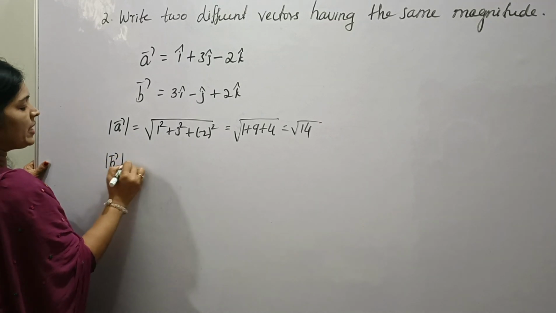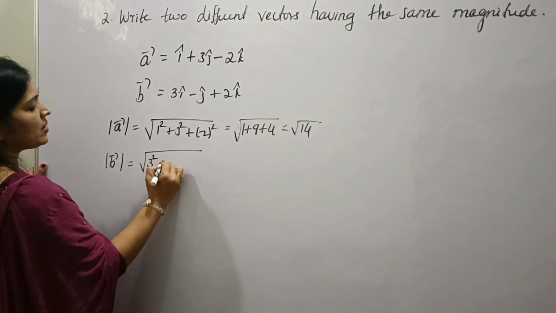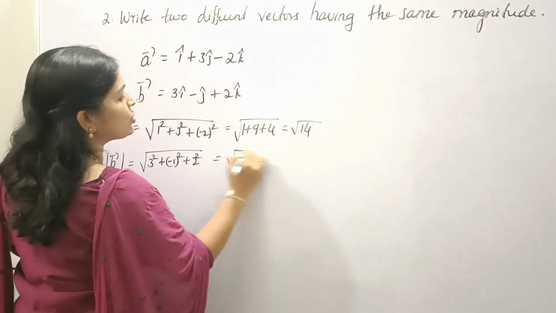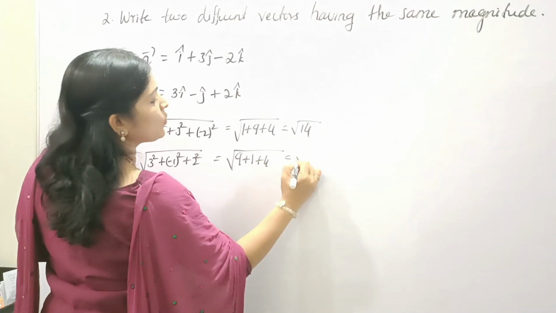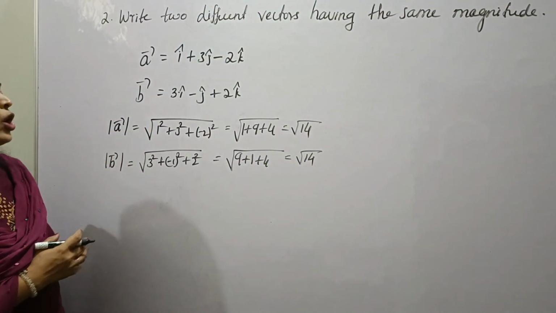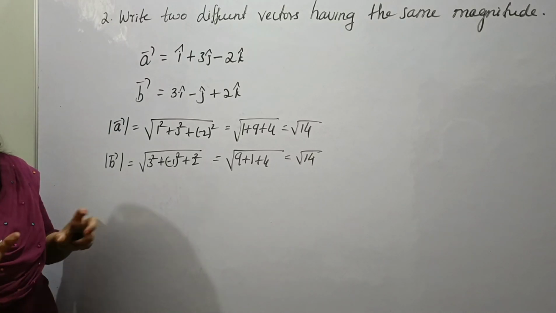Modulus of vector B is equal to square root of 3 square plus minus 1 square plus 2 square, that is equal to 9 plus 1 plus 4, that is equal to square root of 14. So here we have got the magnitudes of vector A and vector B the same.